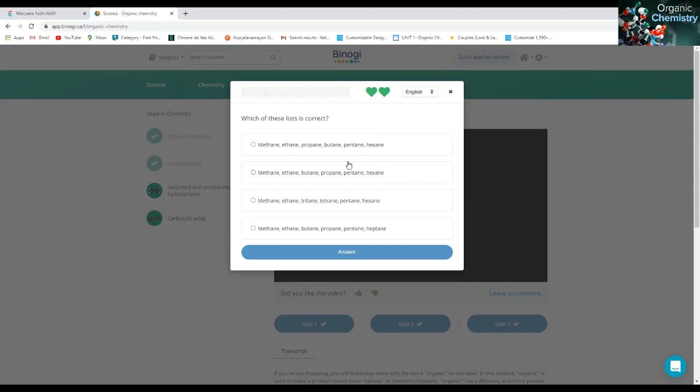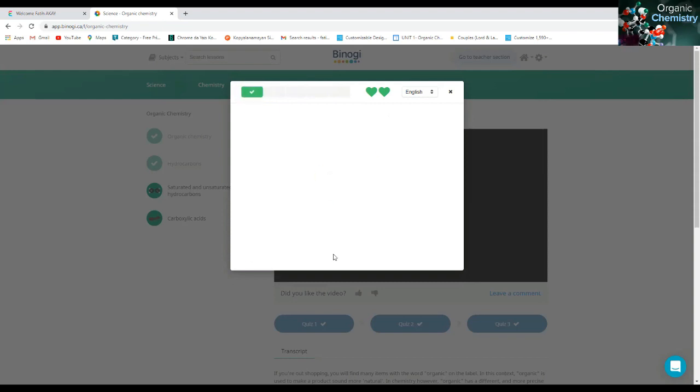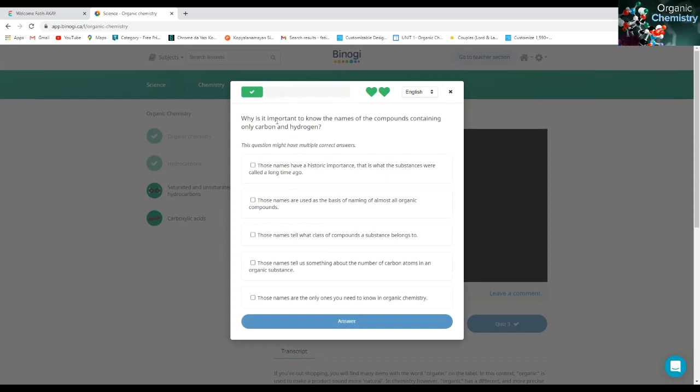Which of these lists is correct? Methane, ethane, propane, butane, pentane, hexane. The first one is correct. Why is it important to know the names of the compounds that contain only carbon and hydrogen?